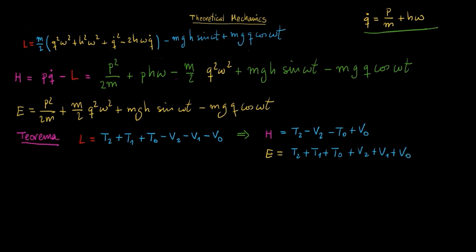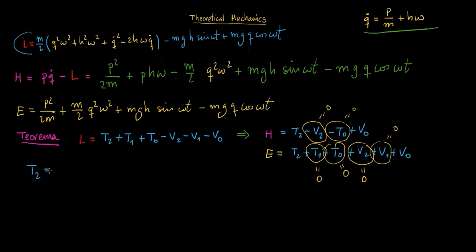So in order for these two things to coincide, we need V2 equals 0, but also V1, T0, and T1. If we look at the Lagrangian, T2 is equal to m over 2 q dot squared.